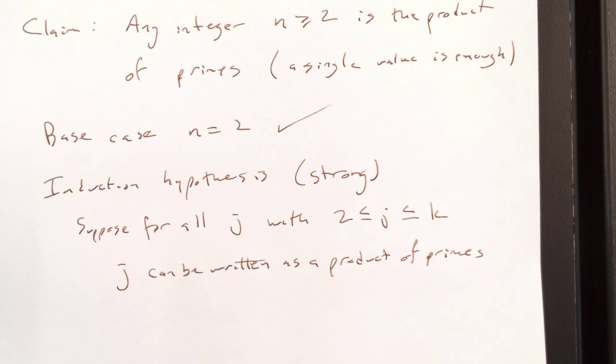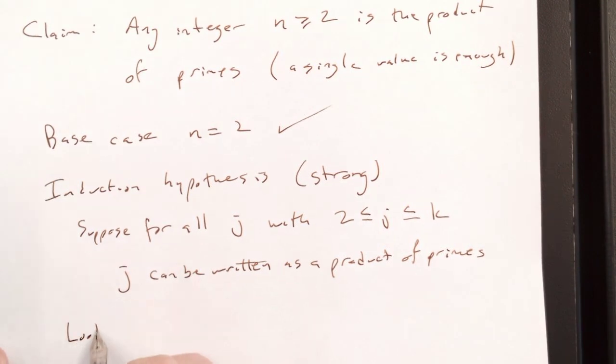Now we look at k plus 1. What is my eventual thing to show? What do I want to show here? k plus 1 is the product of primes. So I look at this number. If it's prime, I'm done.